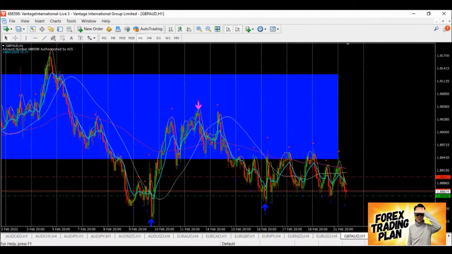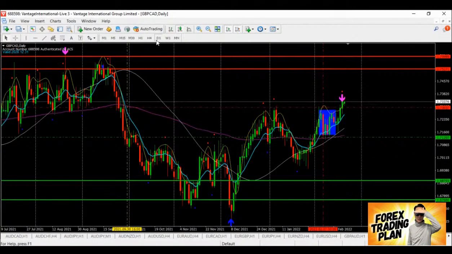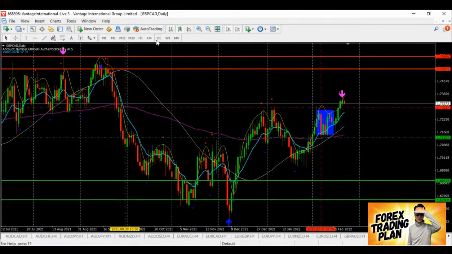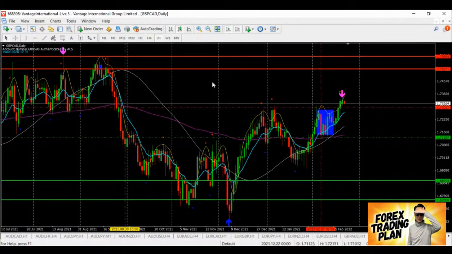Okay, so pound CAD. Let's take a look at pound CAD. Now we are upwards above the white line. So now the resistance over here has broken. Looks good to sell, huh?